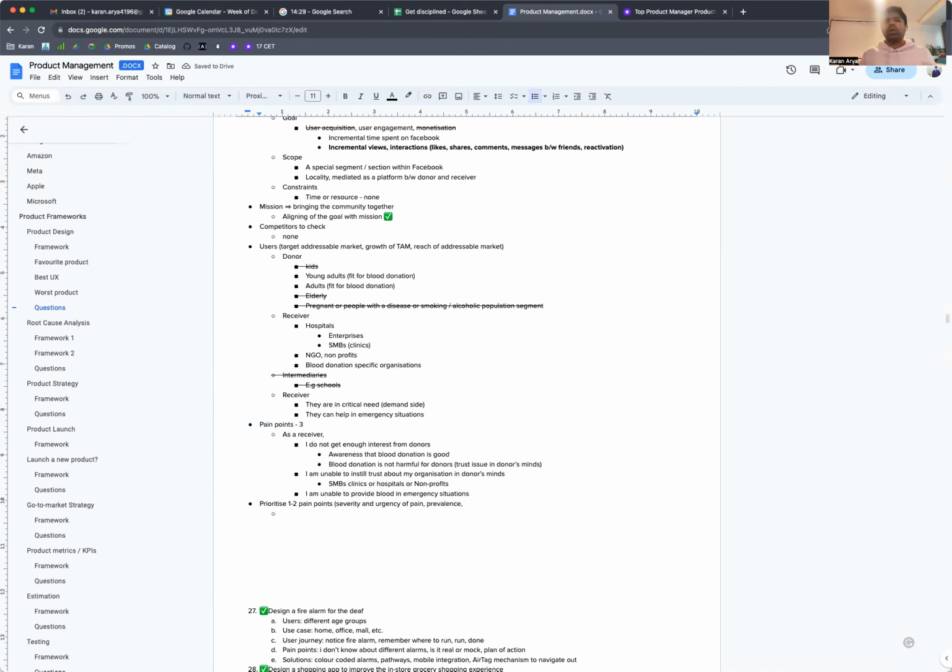Is this big or small? The third one could be, is this addressable? Addressability of the pain point, can we really address it? The final one would be, is this pain point actually helping us with the goal, which is incremental views, interactions, and basically engagement.